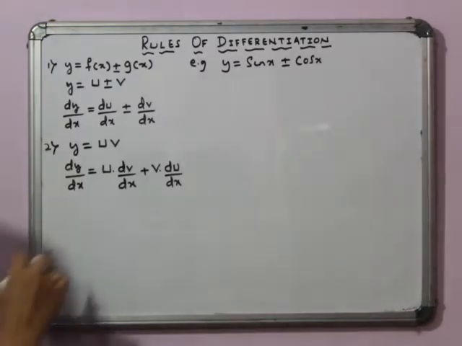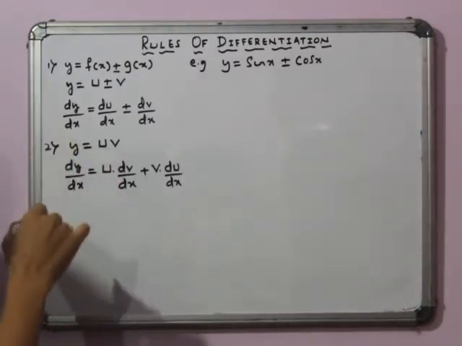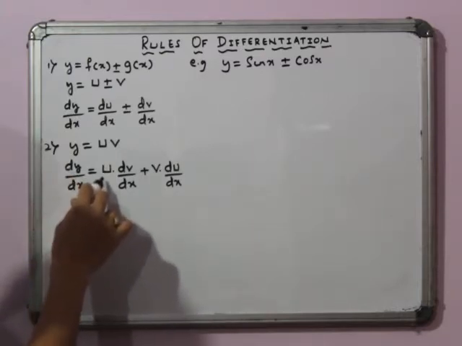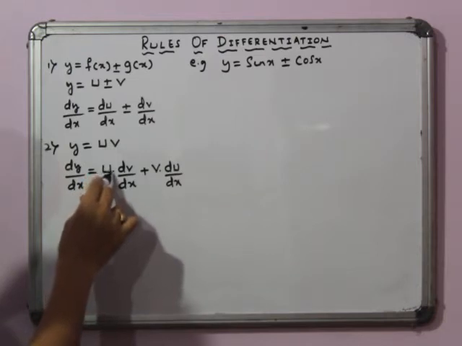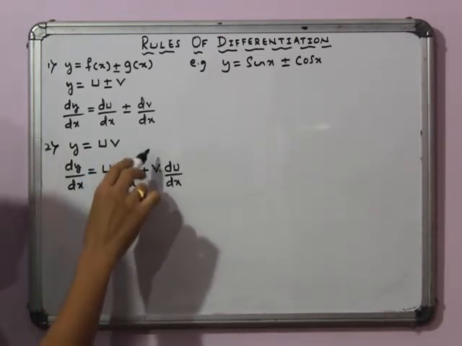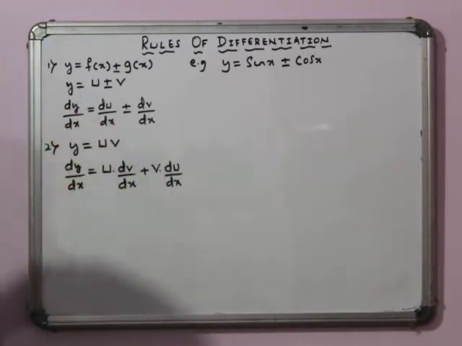So I will repeat this again. If we have a function in the form of a product, the derivative can be found like this: dy by dx is equal to first function into differentiation of second function plus second function into differentiation of first function.